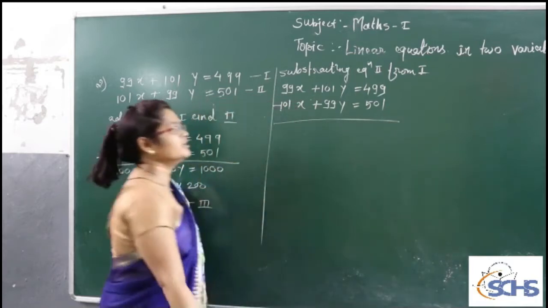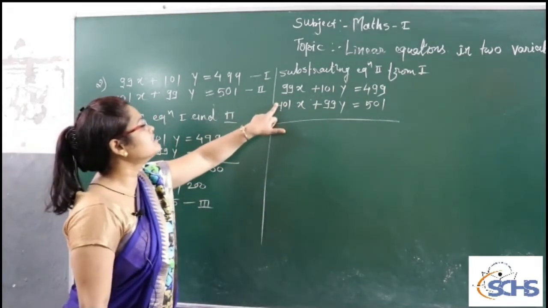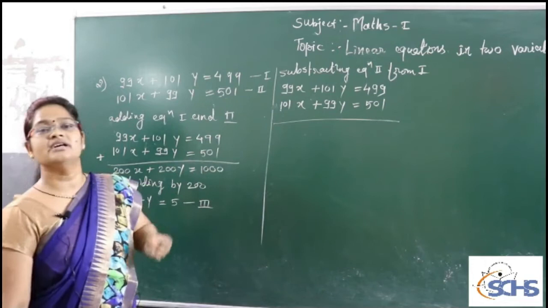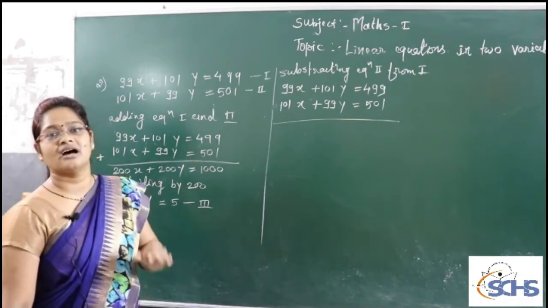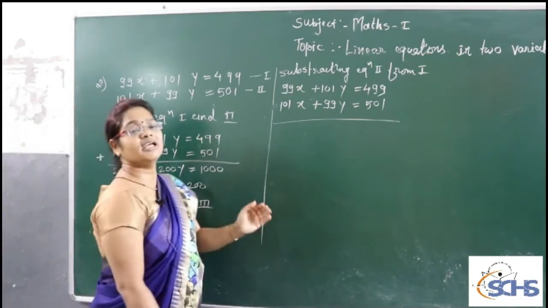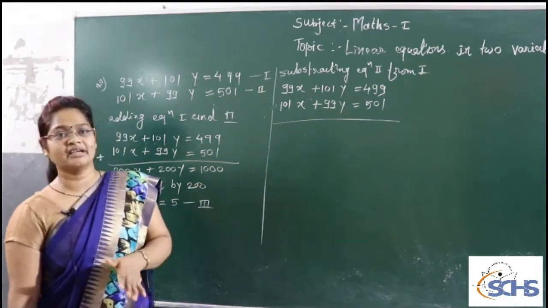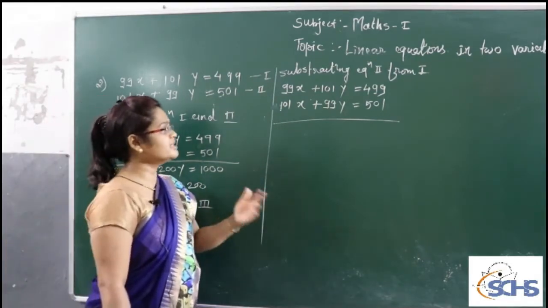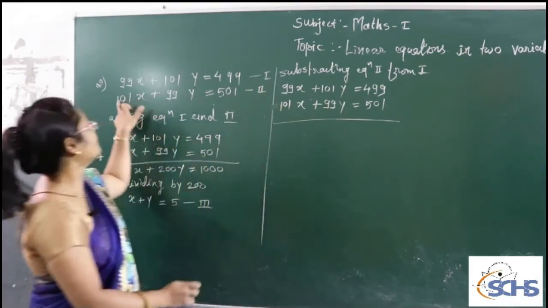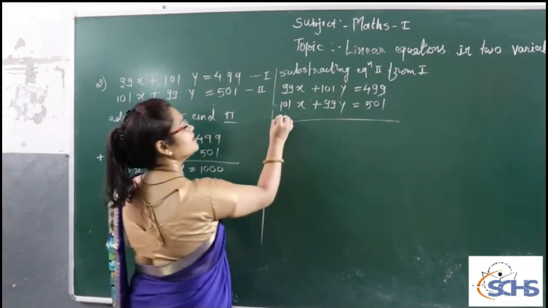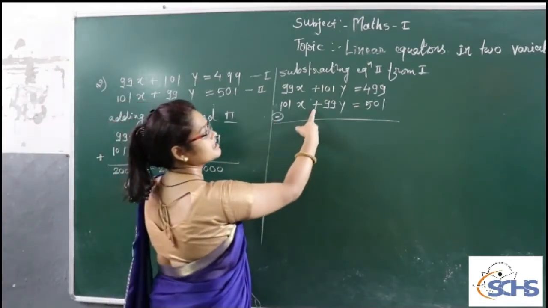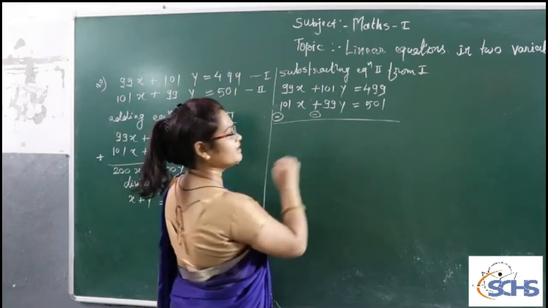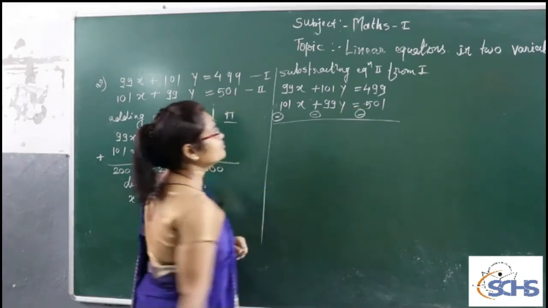Now remember one thing, whenever we are doing subtraction, the signs of the second equation are changed. It means if there is a plus sign, it becomes minus. If it is a minus sign, it becomes plus. Now here in the equation we have been given plus signs, so here it will be minus, this will also be minus, and here it will also be minus.